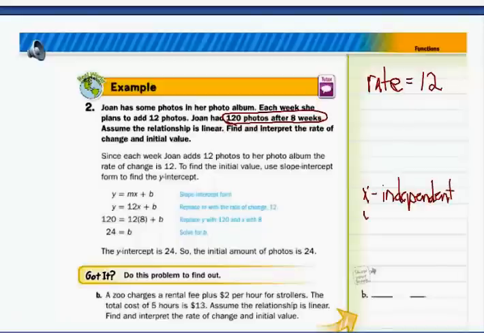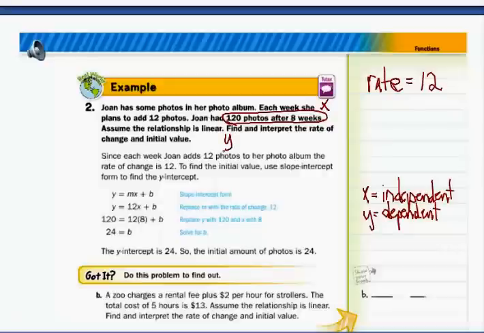And our Y is our dependent. You can put anything in there you want. Y is going to result on what you pick for X. So 120 photos, that depends on how many weeks you do it. So 8 weeks is your X, 120 is your Y.